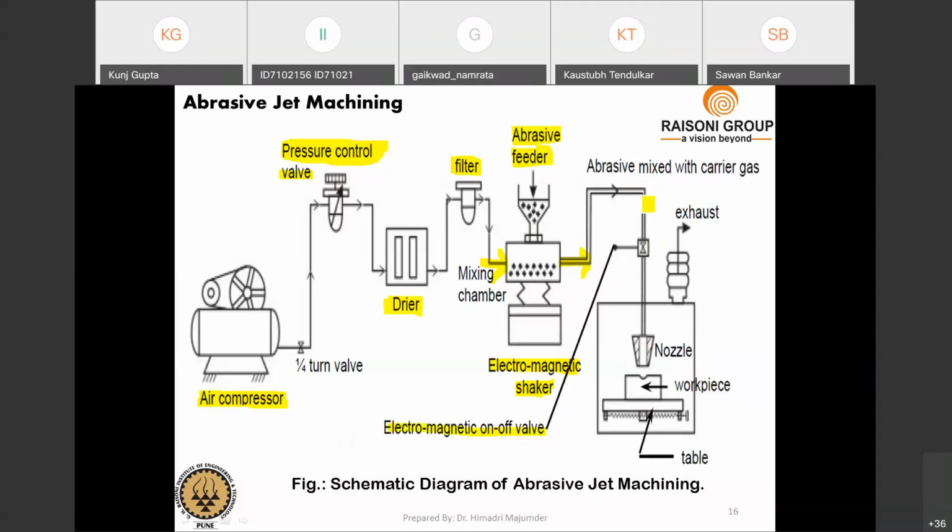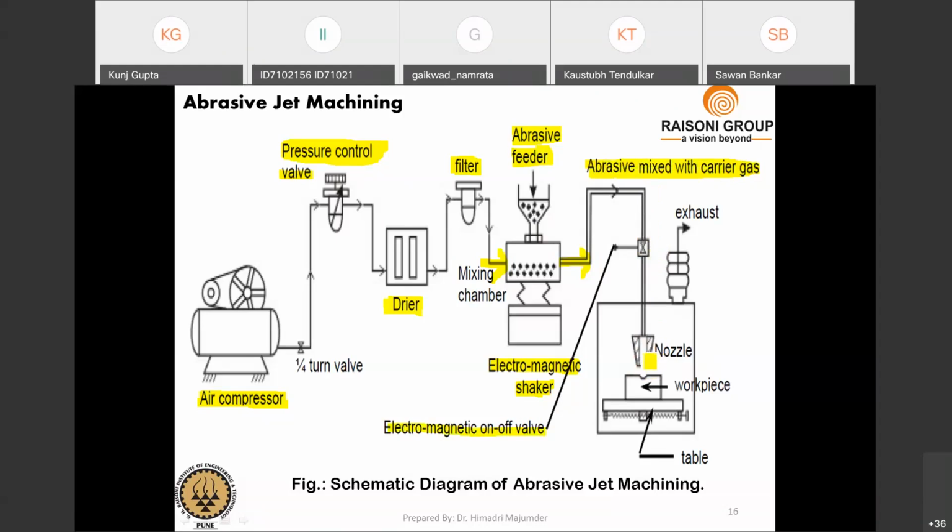After that, the abrasive mixed with carrier gas will come through this on off valve and up to this nozzle. As you can see, this nozzle is tapered. What is the function of this nozzle?